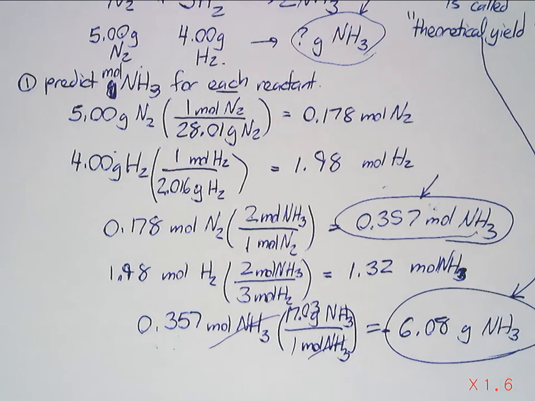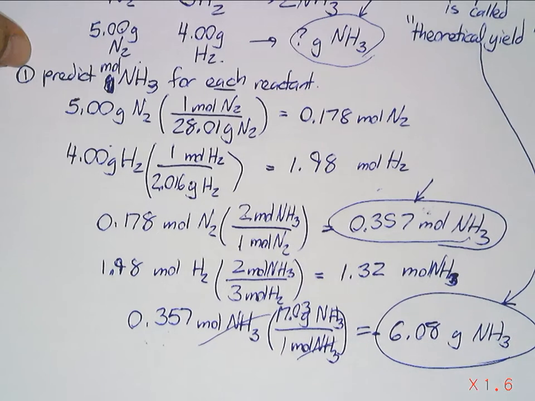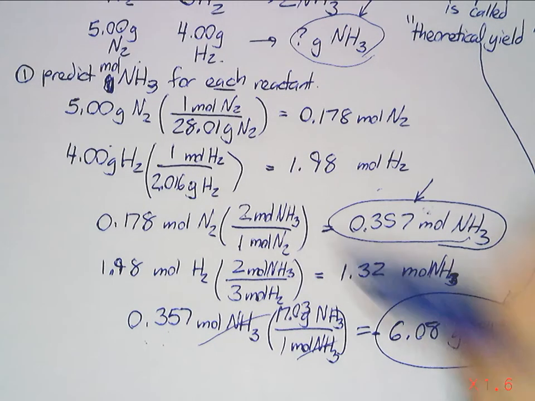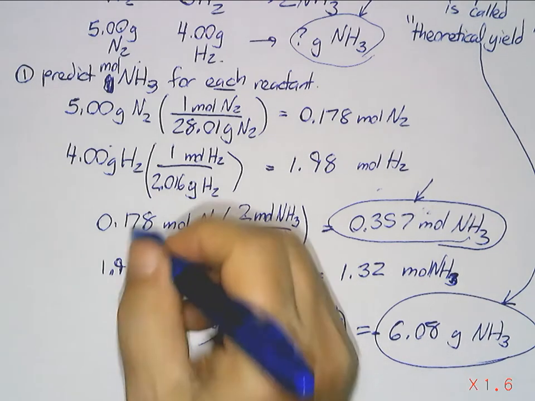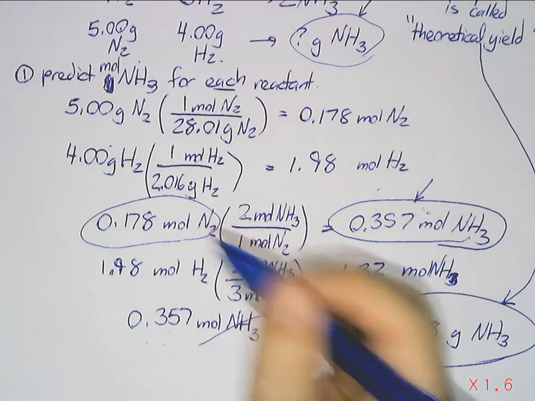Now, what if I want to figure out how many grams of excess I'm going to have in this reaction? What's going to be used up? What is the limiting reactant? Now, you saw that this produced the smaller amount of product. So this is the limiting reactant.